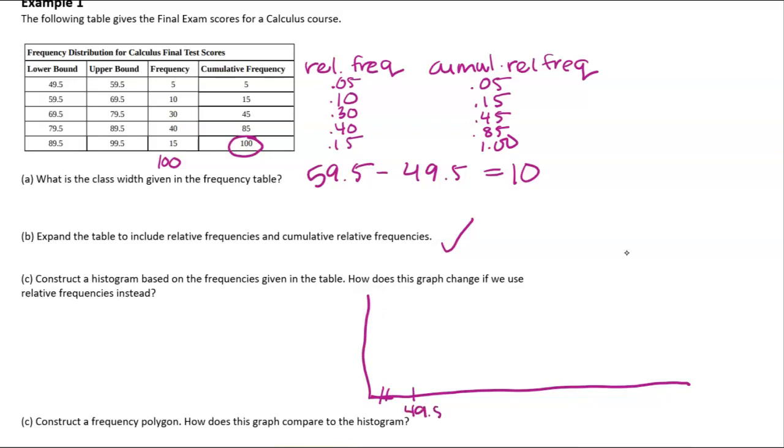I'm going to include my lower and upper bounds for each one of these, all the way up to my highest upper bound. And then on my y-axis, I'm going to have frequencies.